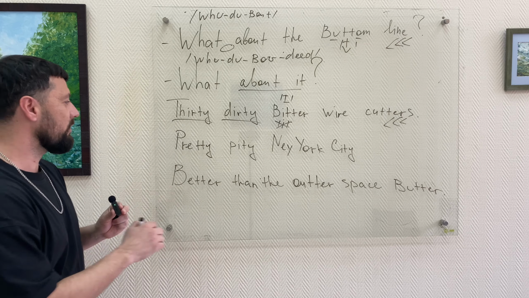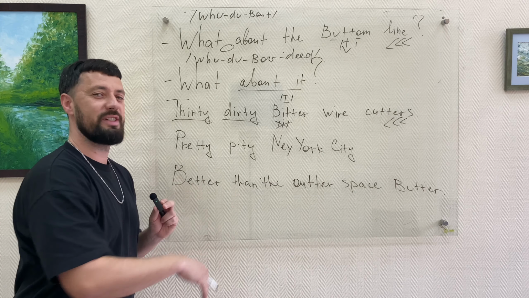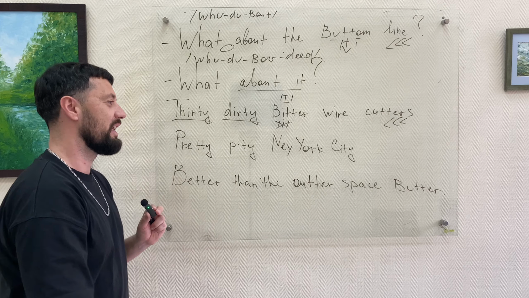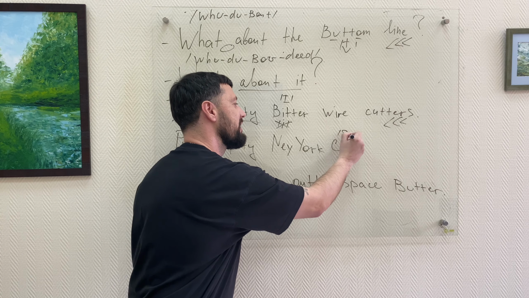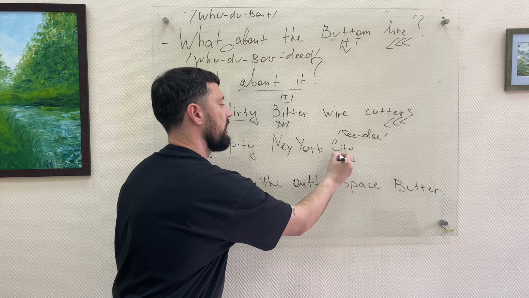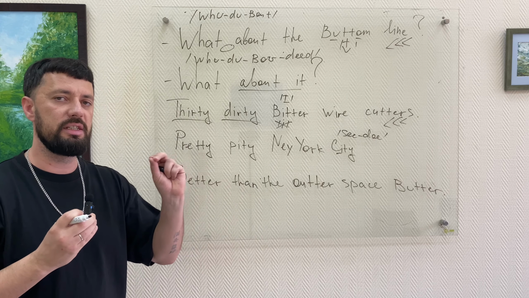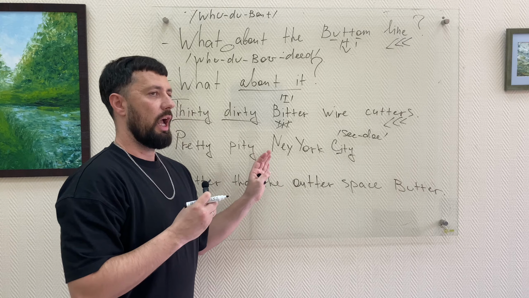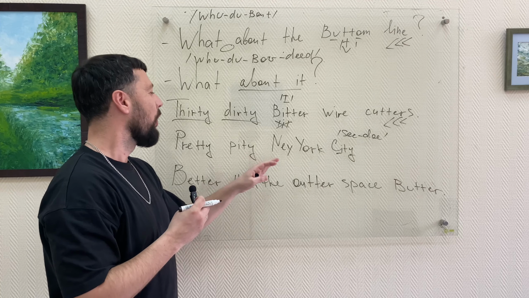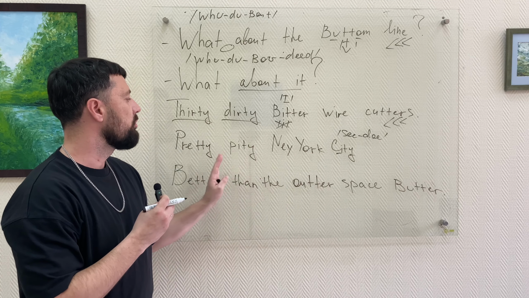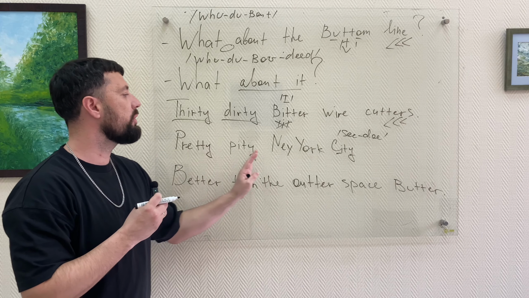Next one. Pretty Petey, New York City. And again, CD, right? Again, T between two vowel sounds gives us this sound, okay? So, New York City, pretty New York City.